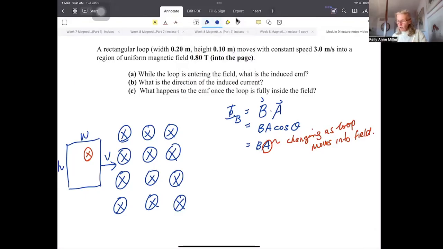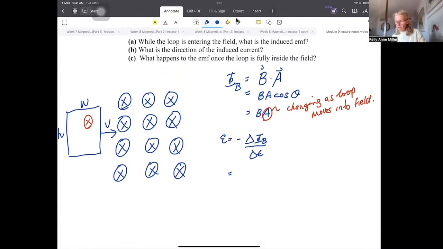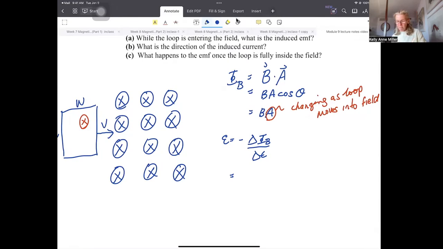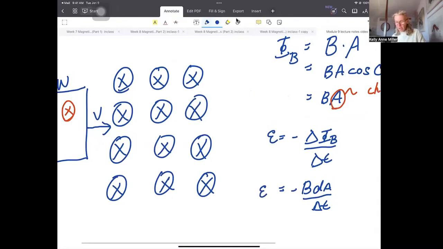So we know that the EMF is equal to the negative of the change in flux as a function of time, right? Let me write it as change, not delta. And this is going to be B times dA over dt.